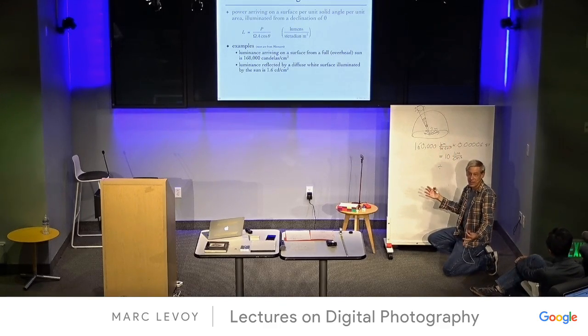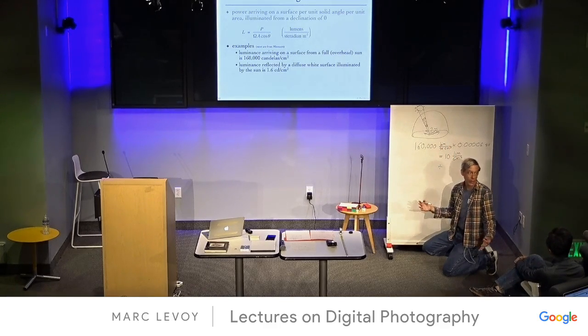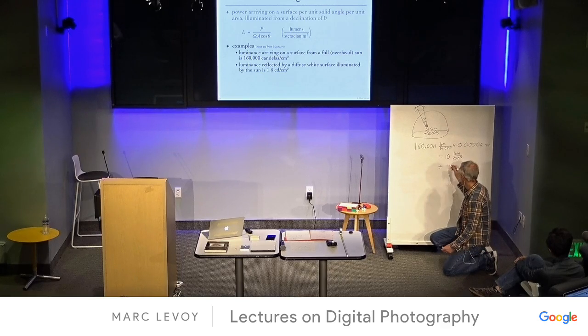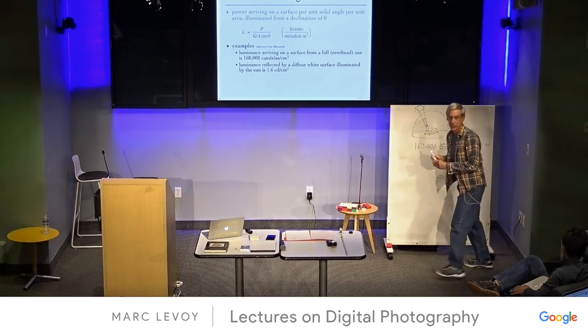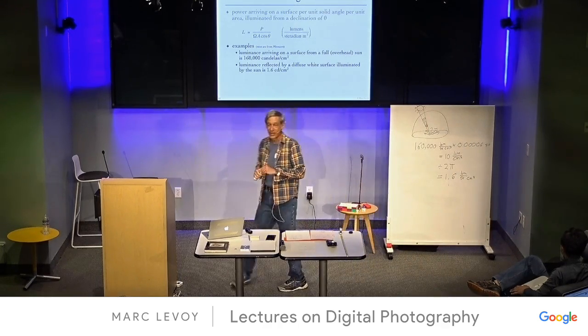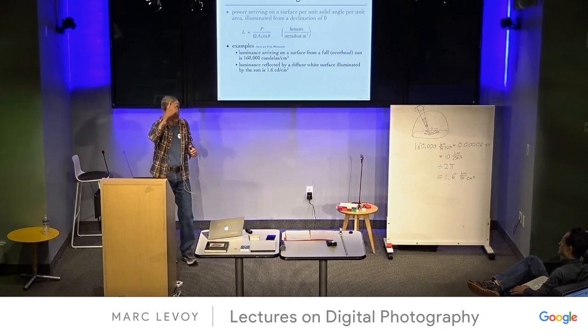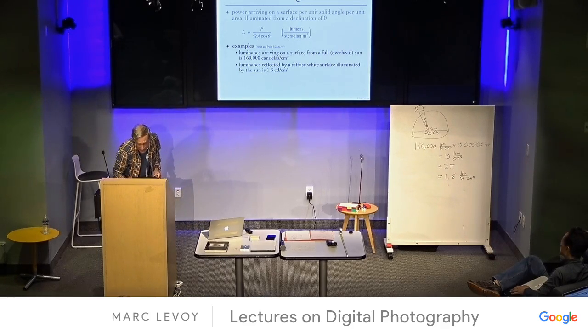There are 4 pi steradians in the whole sphere, but only 2 pi in the hemisphere. So divided by 2 pi equals about 1.6 lumens per steradian per centimeter squared, or candelas per centimeter squared. You see where that comes from? Those are the kinds of calculations you have to do to get this stuff right.